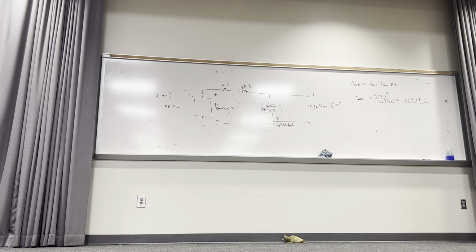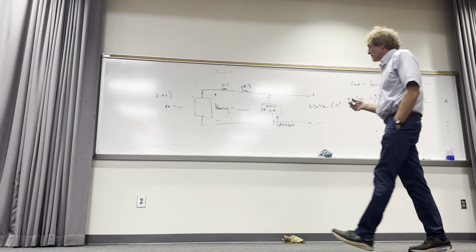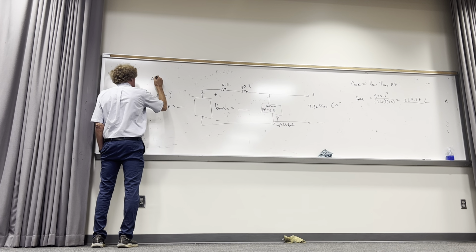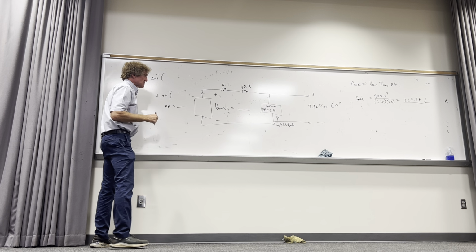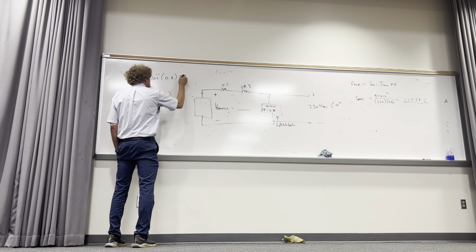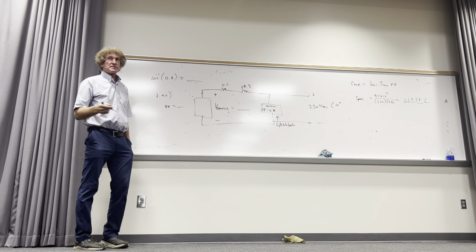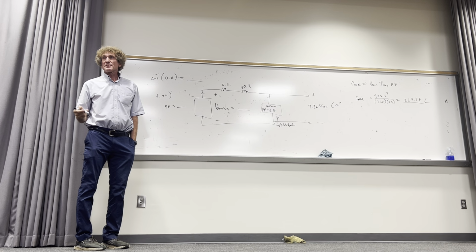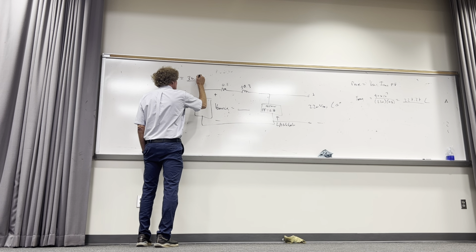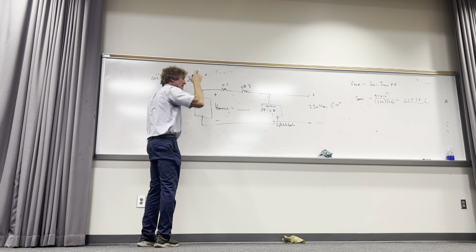Well, what is my next step? I have to take the inverse cosine of the power factor. That's the key, right? So when I take the inverse cosine of the power factor, which is 0.8, I get an angular value. What is it? 30-some degrees. 36 point what? 36.87 degrees, right?